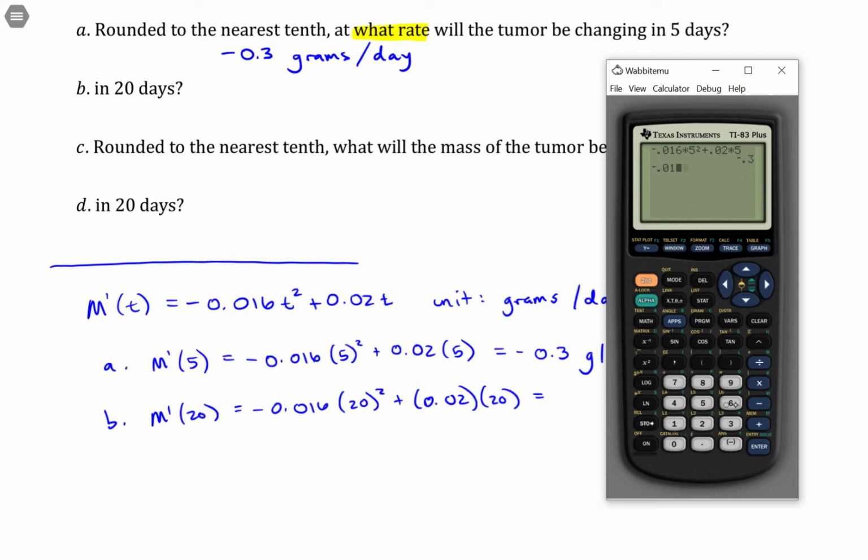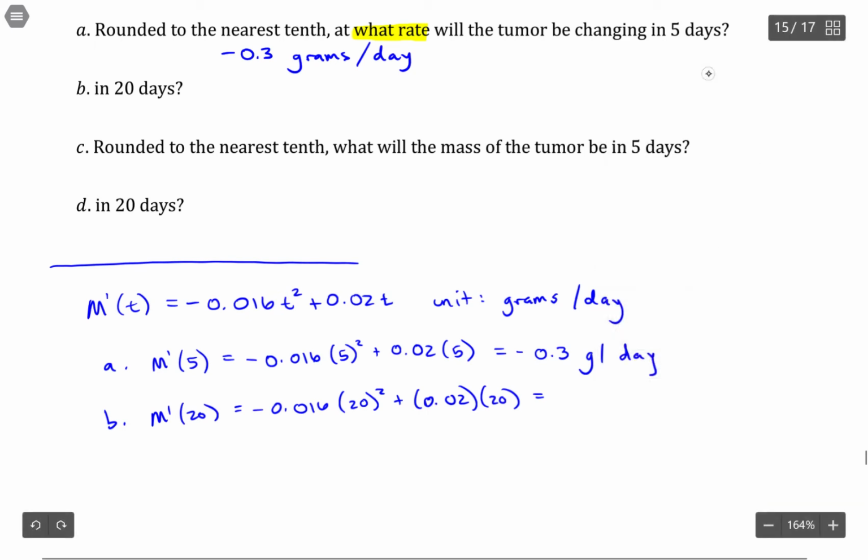So after 20 days, it's decreasing by 6 grams per day. So that would be negative 6 grams per day.